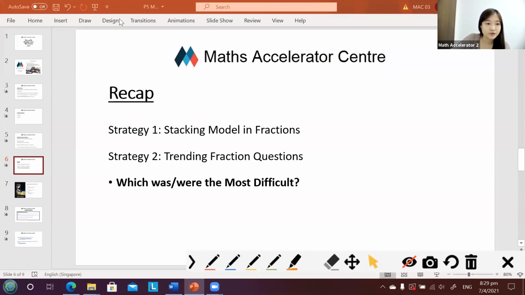Okay, good. Some of you find that it's a lot easier after the explanation. Okay, last question. Strategy 1, very hard. Easy. Okay. Right, so if you find it difficult, it means your heuristics need more practice.